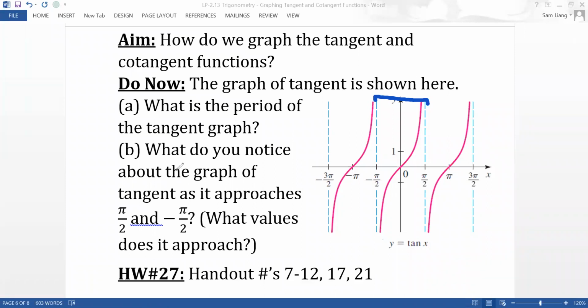Did anyone answer part B? What do you notice, what values does tangent approach as it approaches pi over 2 and negative pi over 2? What are the y values? Anyone for that?